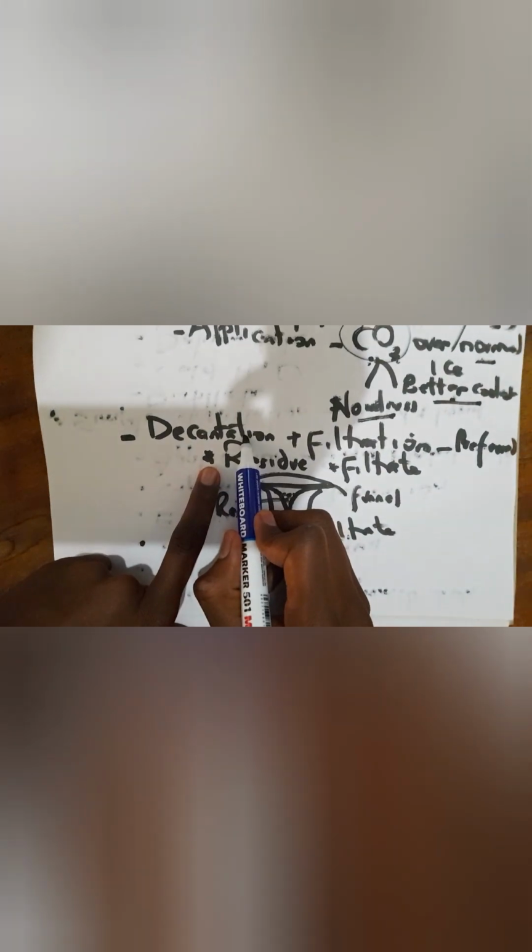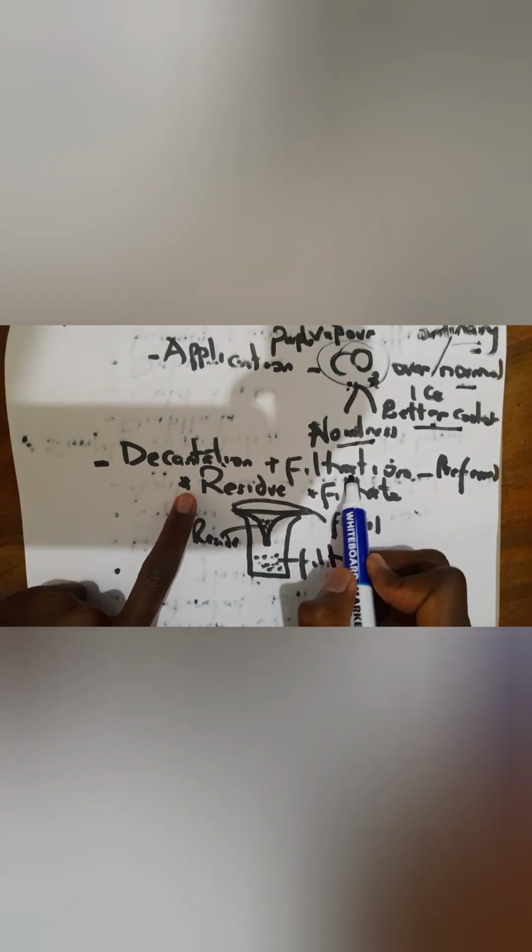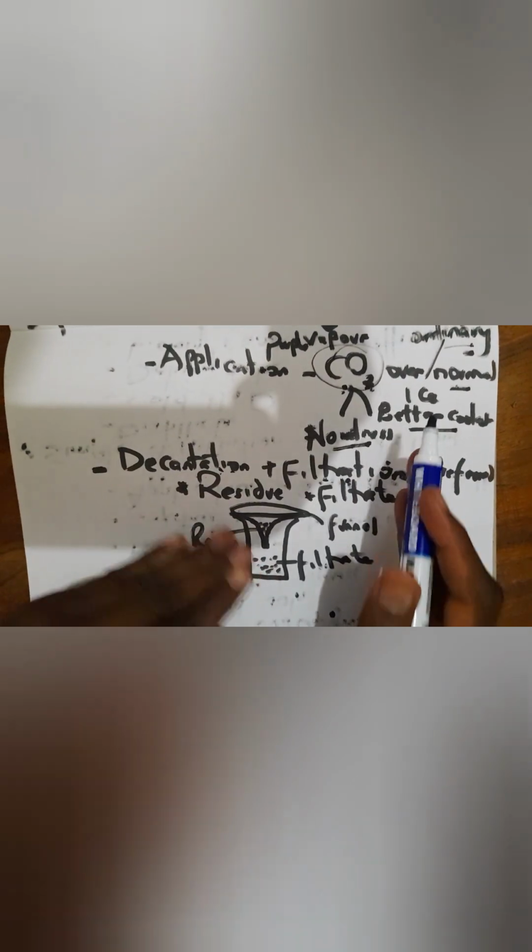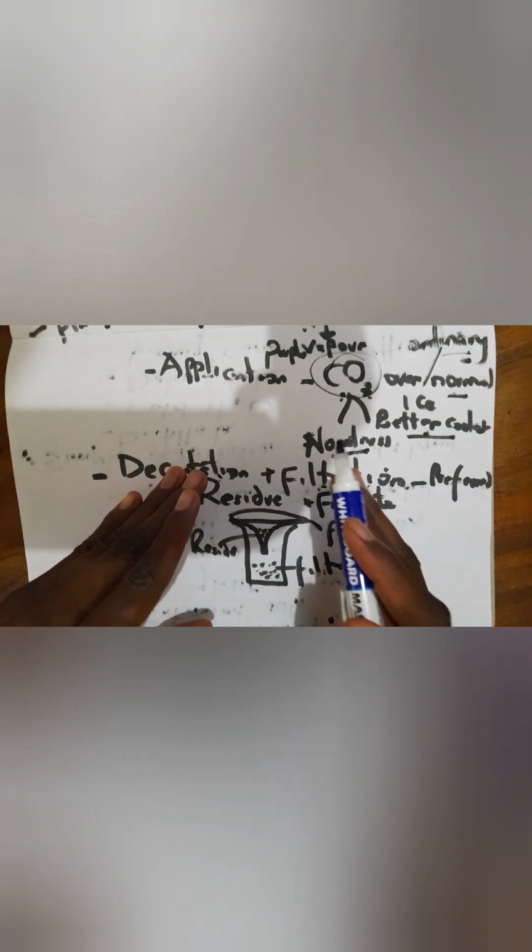Very nice. Now, can we look at decantation and filtration? Decantation and filtration are mostly used to separate solid-liquid mixtures, especially the ones which are insoluble. For example, if you are talking of soil and water, these two can never mix.